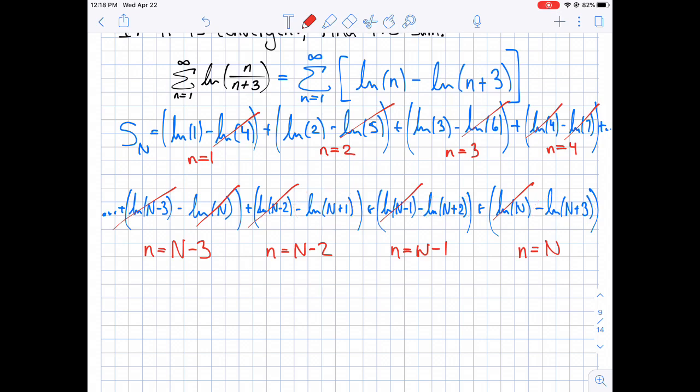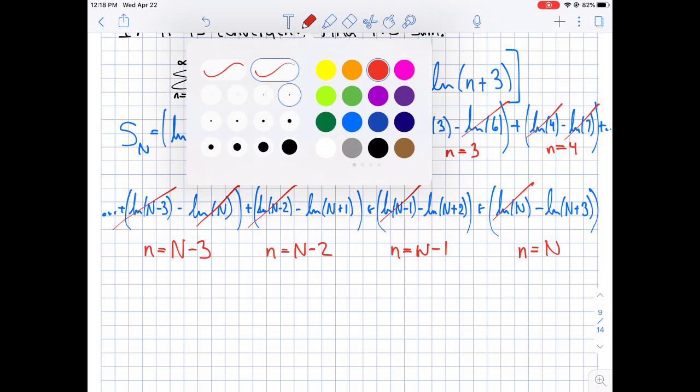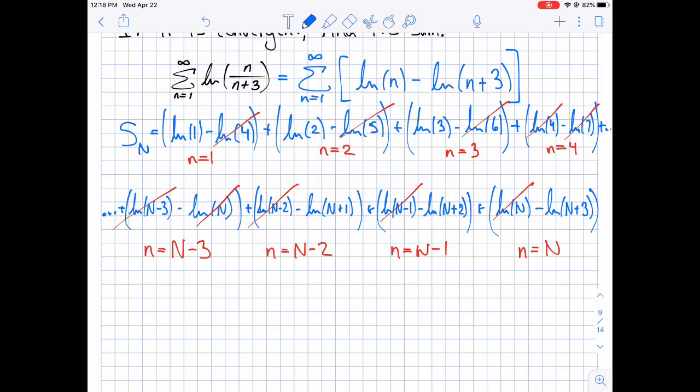Okay, so now let's actually just take a look at what happens with our partial sum. So our partial sum, S sub n, is simply going to be ln of 1, okay, which is 0, plus ln of 2 plus ln of 3. And then we also have these three terms at the end that don't cancel.